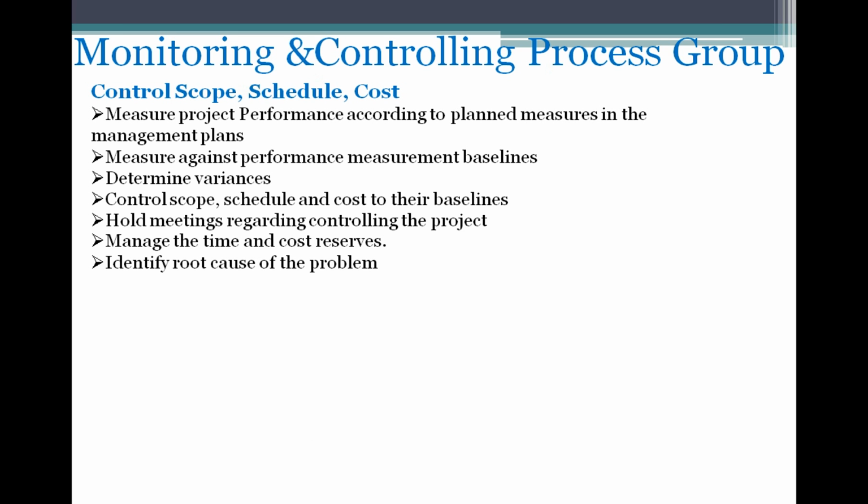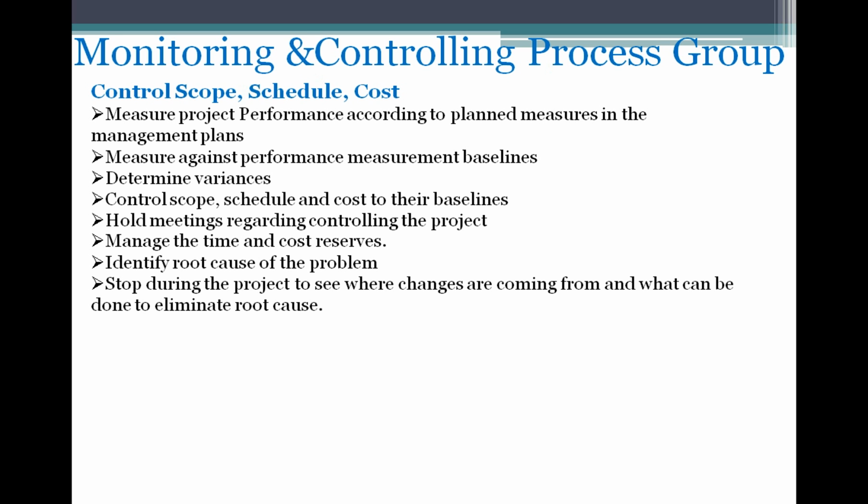And identify the root cause of the problem. When there is a variance, the project manager analyzes and discusses with the project team and identifies the root cause of the problem. If more changes keep coming, stop the project to see where the changes are coming from and what can be done to eliminate the root cause.